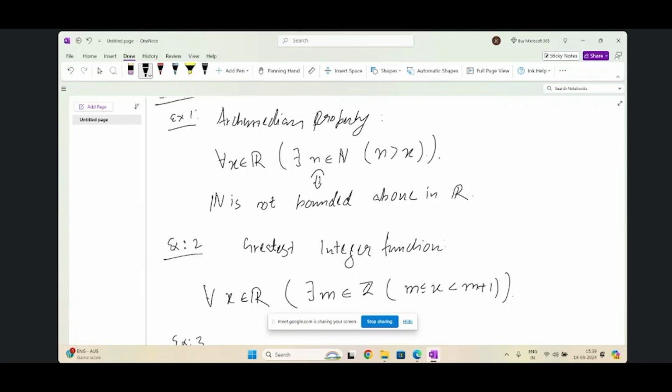Yes, the Archimedean property is true in rational numbers, but LUB is not true. So why are you saying that it requires the LUB property to prove the Archimedean property? Because it is true in rational numbers, and LUB is not true in rational numbers. The same goes for the second example.